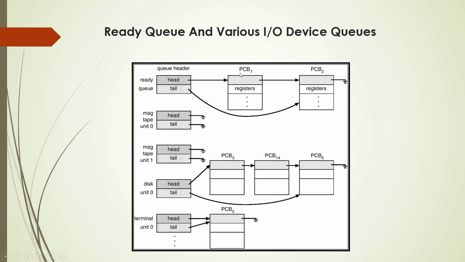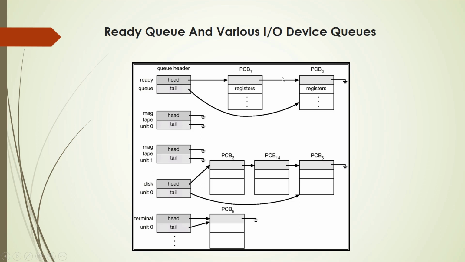The first process in the queue is represented by the pointer head, and the last process is represented by the pointer tail. In between there can be several processes, and each process contains a pointer to the next process in the list.